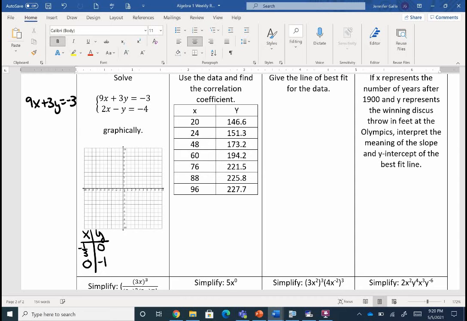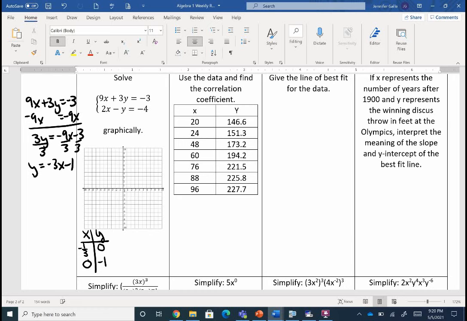You could get this equation into slope-intercept form. Subtract 9x from both sides. 3y equals -9x minus 3. Divide everything by 3. You have y equals -3x minus 1.